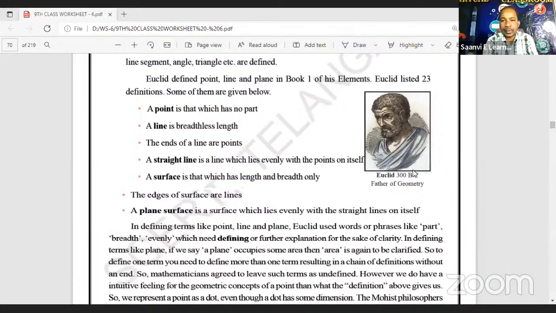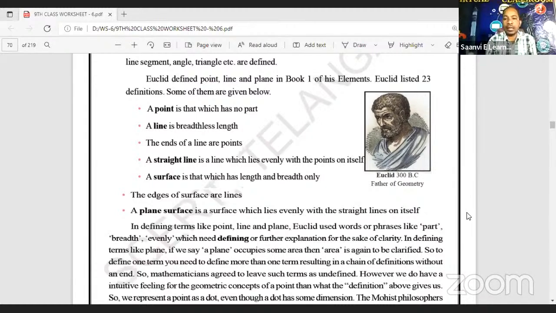Here a great mathematician is given. Purneshwar. Say Euclid. Very good. Euclid. So Euclid, first of all, brought the geometry concept, the great mathematician.